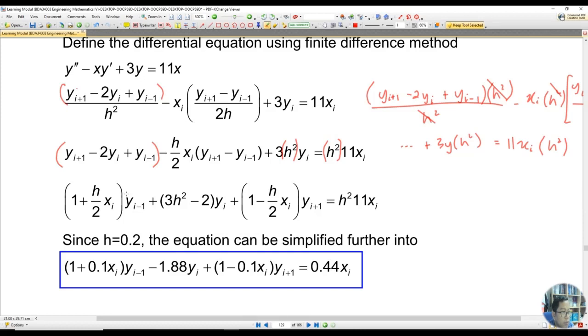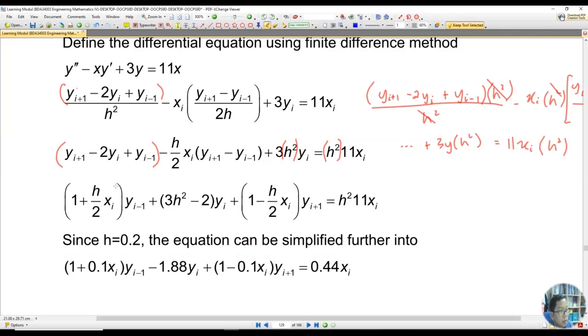You just focus on y_i. I changed the color to blue so you can easily track. One group is y_{i-1}, another group is y_i, and another group is y_{i+1}. So you have to rearrange all these parameters.